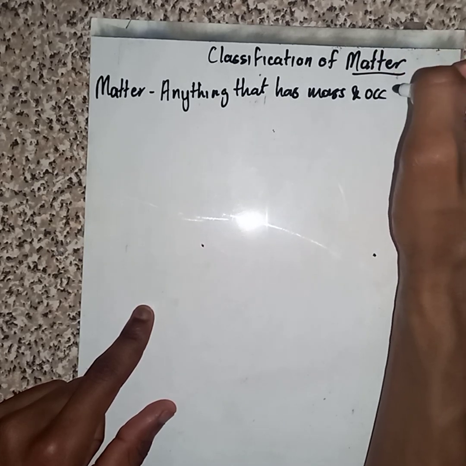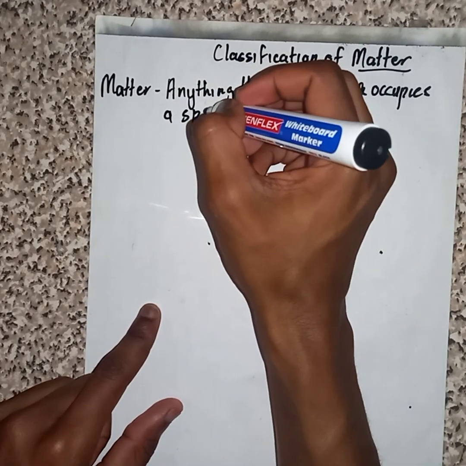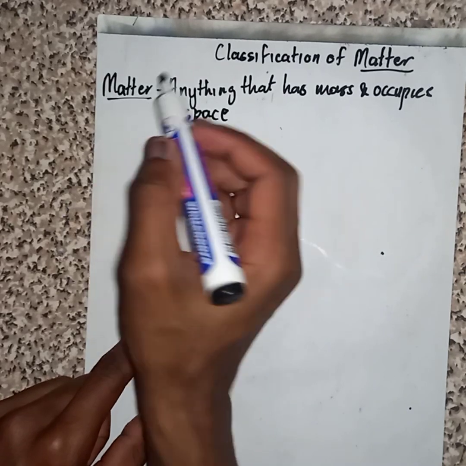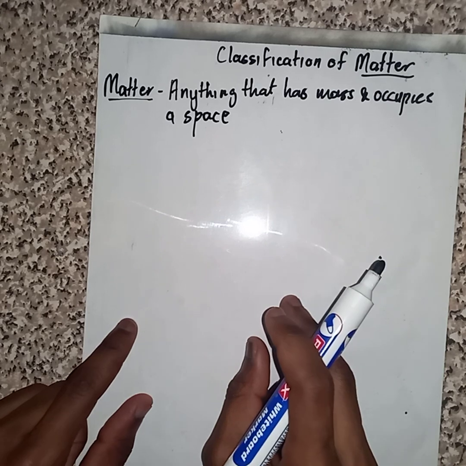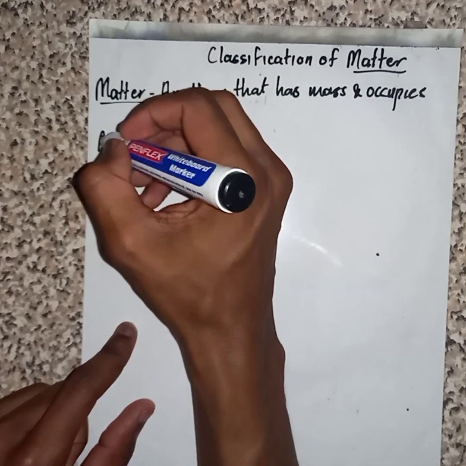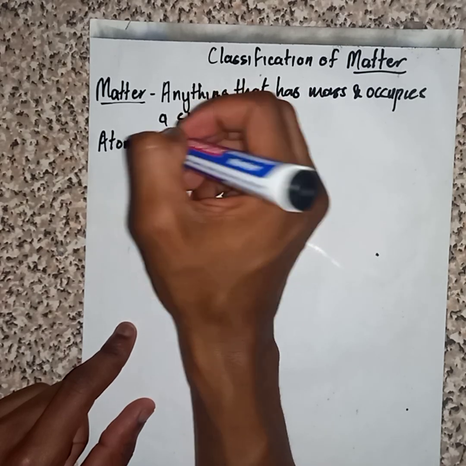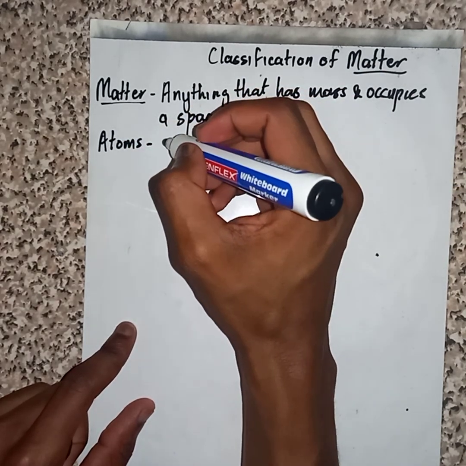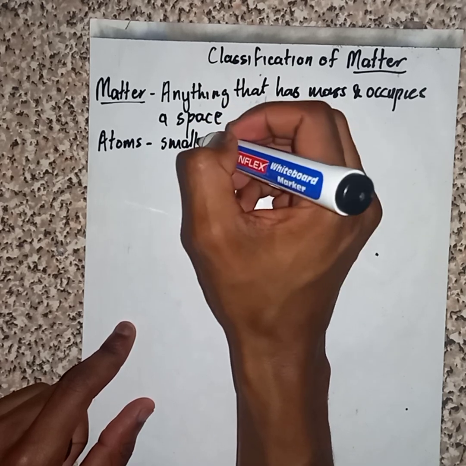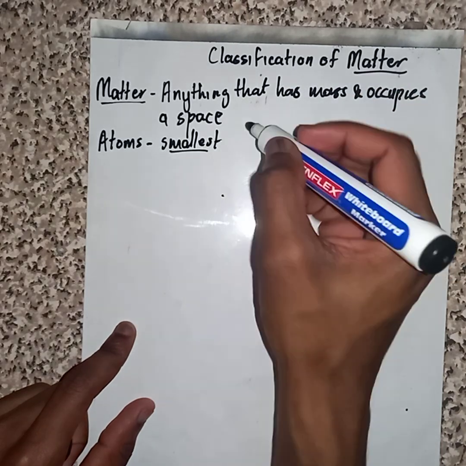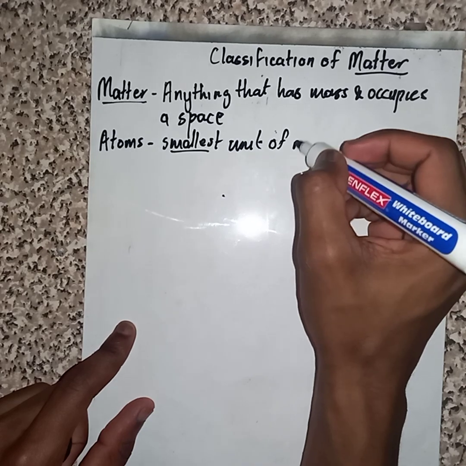Every matter is made up of small building blocks, which we call atoms. An atom is the smallest unit of matter.